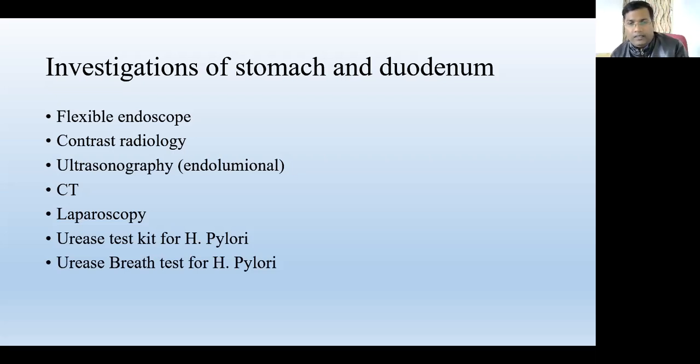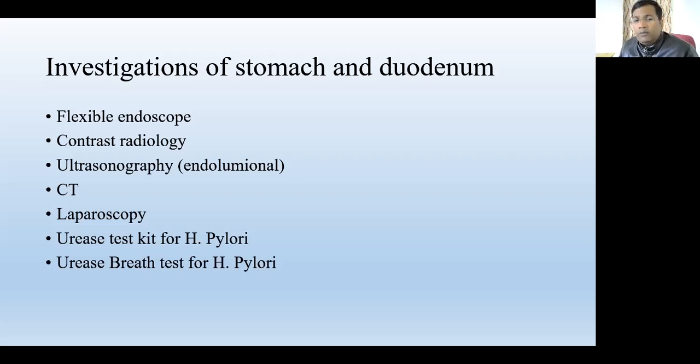In peptic ulcer disease, the urease test kit and the urease breath test are the two tests to confirm the presence of H pylori. In the urease kit test, a part of the gastric mucosa is taken through endoscopy. The characteristic feature of H pylori is that it breaks down urea into ammonia.